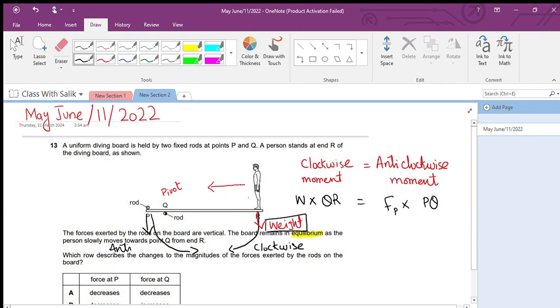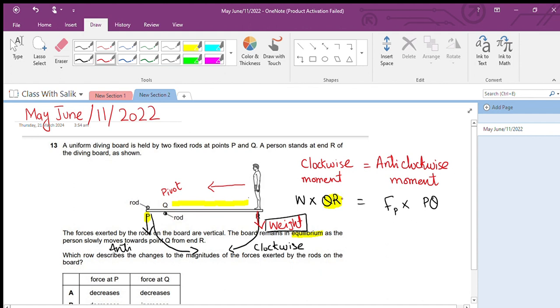So we know that this person is moving towards Q. It means that this distance QR is decreasing, and everything else is constant, like the person's weight and the distance of rod P from the pivot. Only two quantities are varying: the force at P and the man's distance from the pivot. So we will see what is happening to QR.